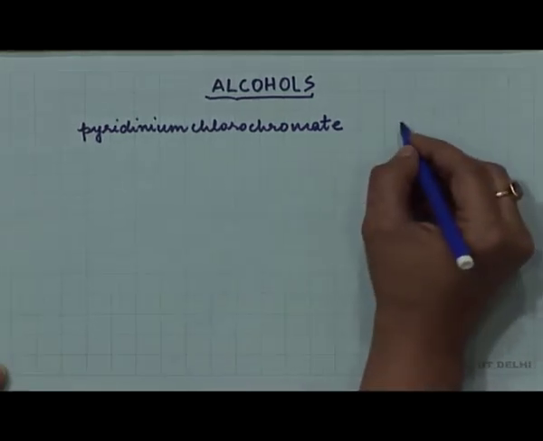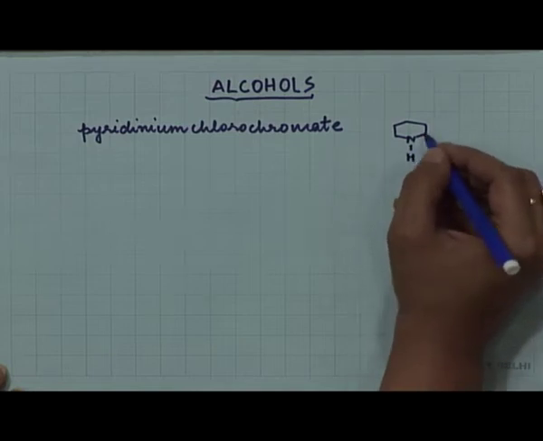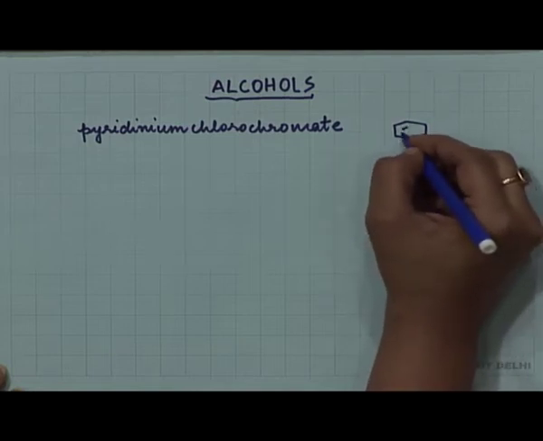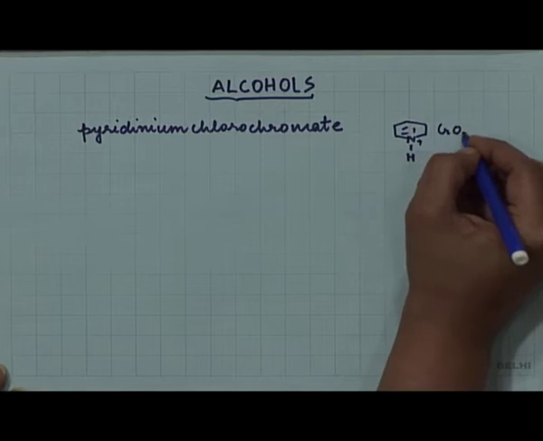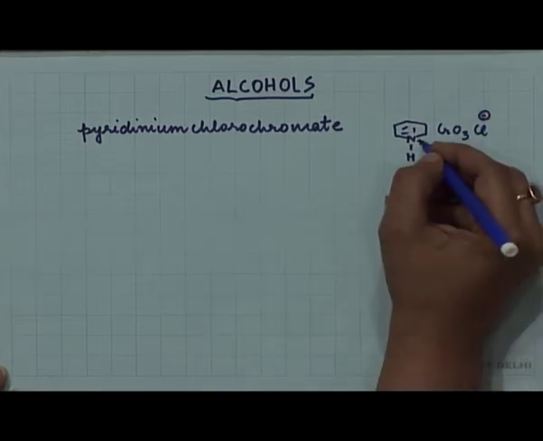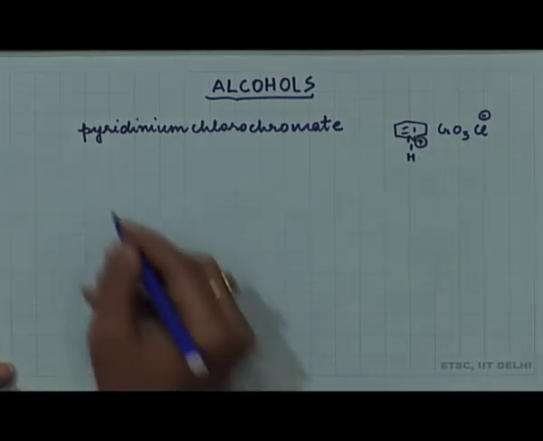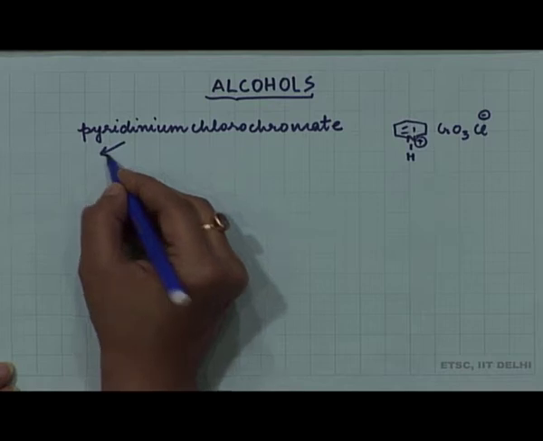So, the structural formula for pyridinium chlorochromate is given like this. You have a pyridinium cation and a chlorochromate anion. The first thing is, how is this prepared?